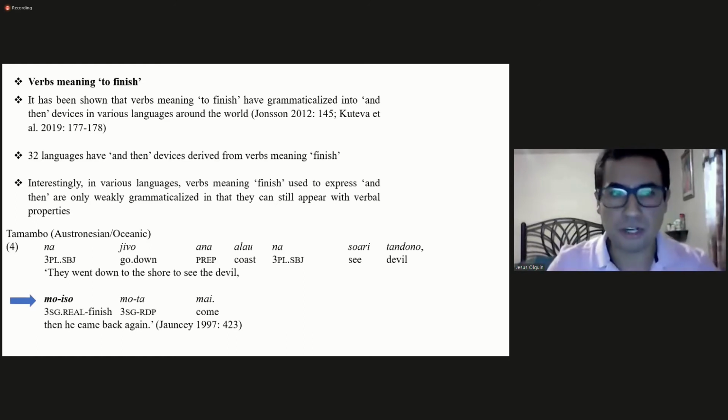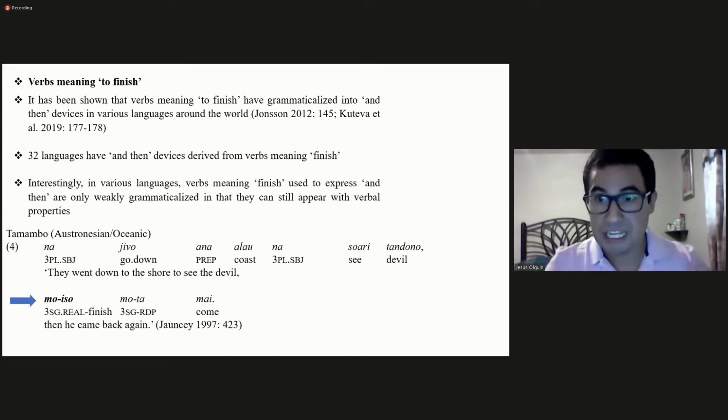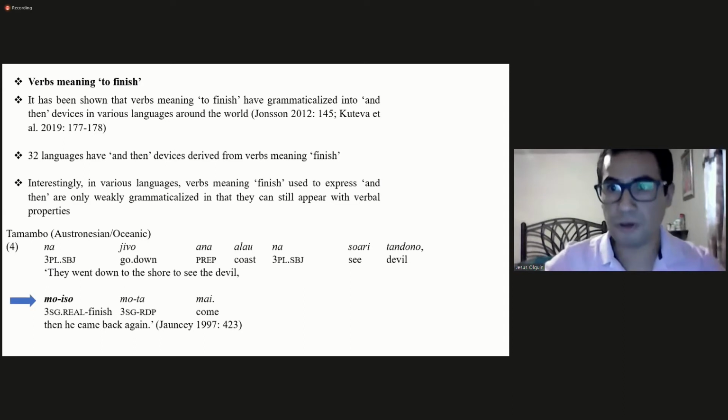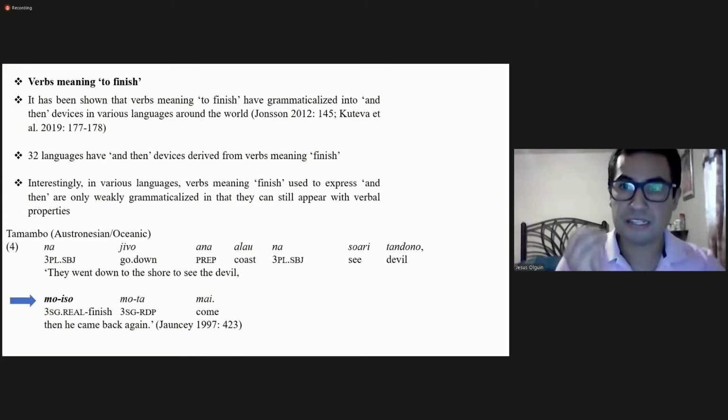If you observe carefully the example in 4 from Tamambo, the verb meaning to finish appears with a verbal property, that is the person marker, the third person marker mo, but it can also occur with other person markers, which seems to indicate that this verb is still weakly grammaticalized because it can still appear with other person markers.